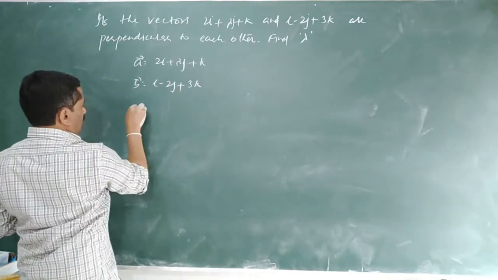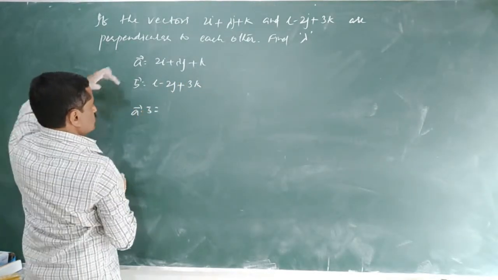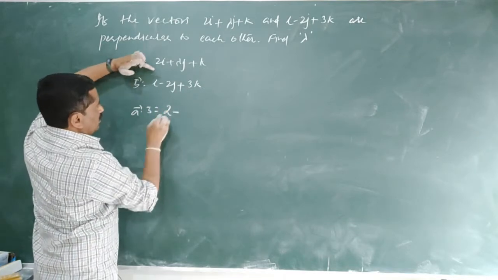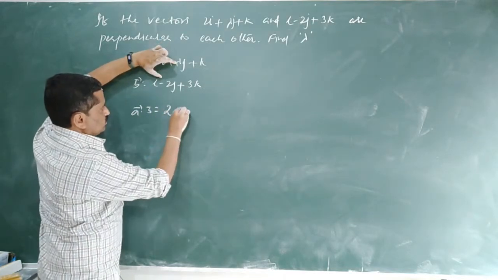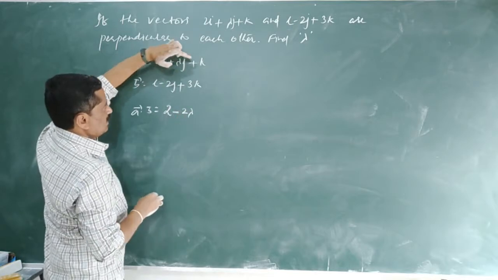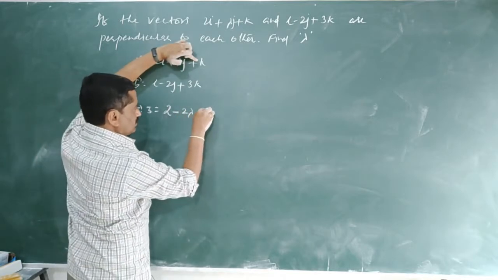Again, a bar dot b bar is equal to 2 into 1, we have 2. So lambda into minus 2, minus 2 lambda. Again 1 into 3, we have 3.